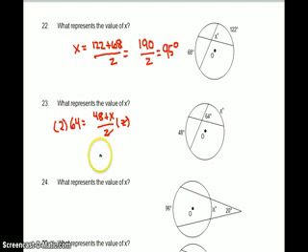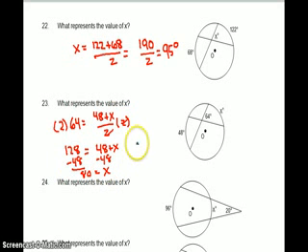These will cancel out, giving 48 plus x equals 128. We're going to subtract 48 from both sides. It gives us 80 equals x. We'll put it over here so we can see it. x equals 80 degrees.